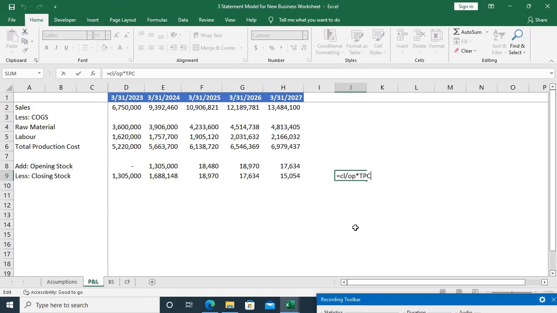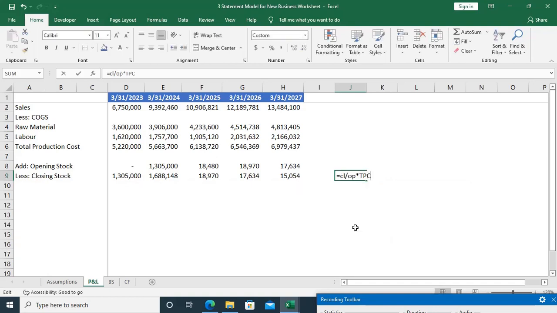I think now you have understood, right? Because I want to know what is the closing stock. This is not opening stock, I am telling you wrong. This is the total production.